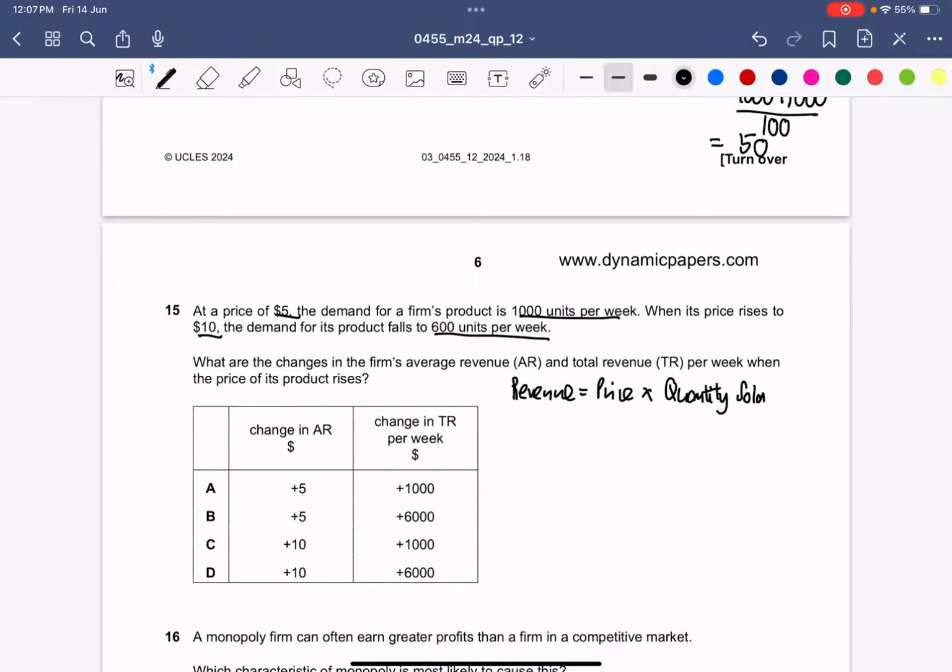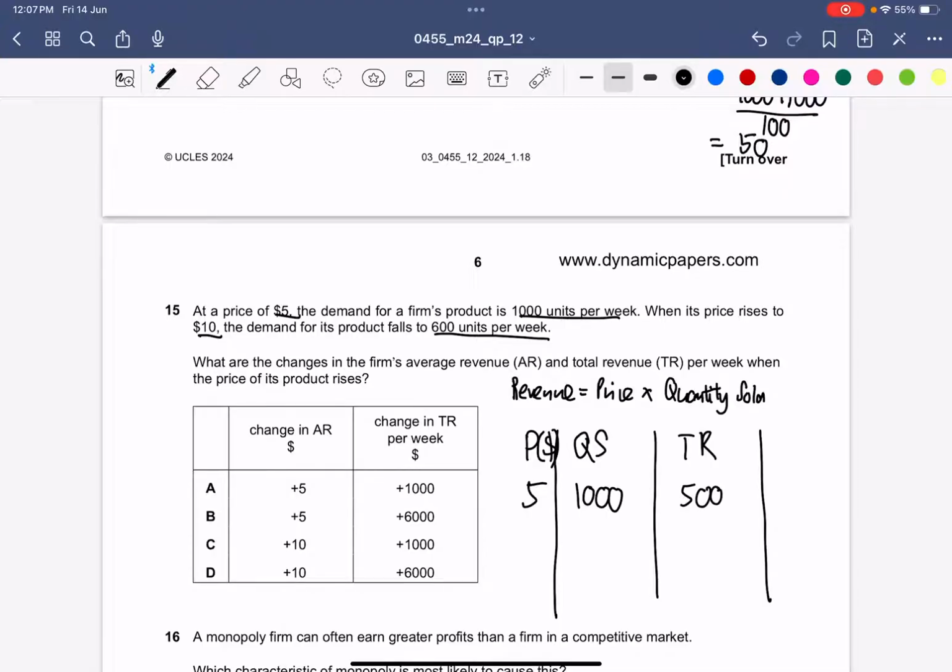For this kind of question, I usually draw a simple table to visualize it. This is the price, this is the quantity sold, and this is the total revenue. When it's $5, 1,000 units, you just multiply, so it's 5,000.